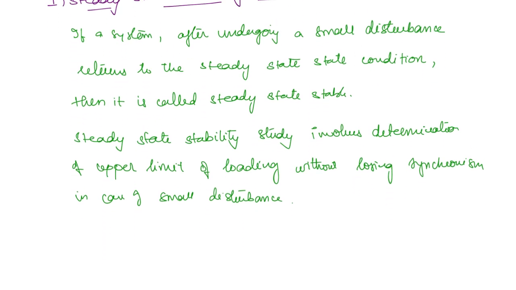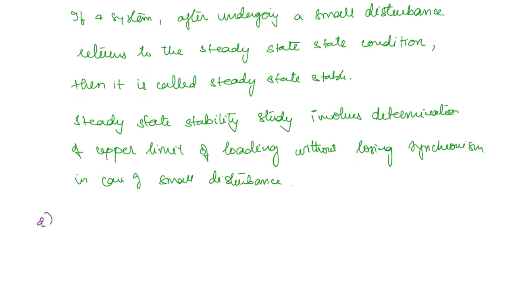Okay, so the next kind of stability study is the dynamic stability studies. Now here, these small disturbances that occur, if they result in oscillations, sometimes they may lead to natural oscillations. Now if these oscillations are within a certain tolerance and they die out quickly, then the system is called dynamically stable.